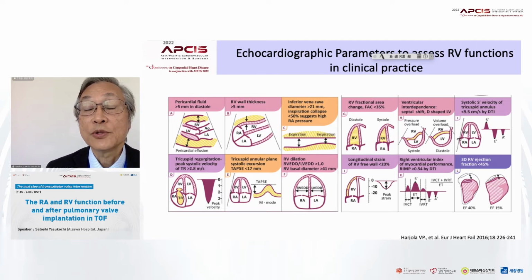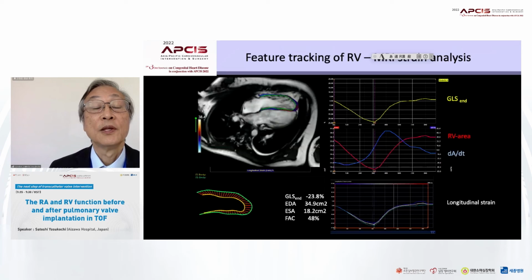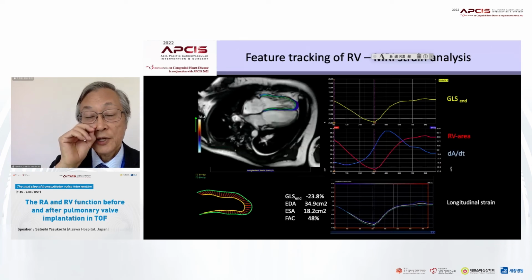And of course, 3D echo demonstrates ejection fraction more precisely than 2D echo.